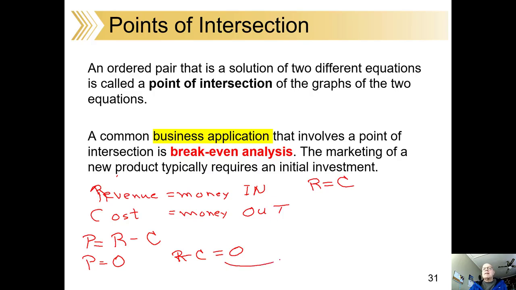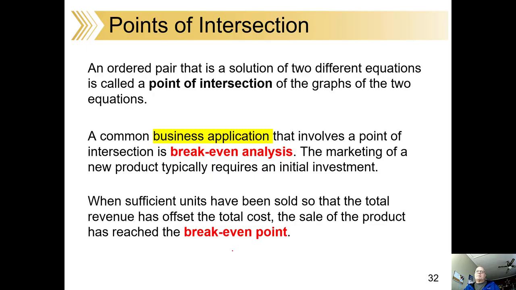You can tell that this equation and that equation are the same. Revenue equals cost, or revenue minus cost equals 0. Either way, you're breaking even. The bad news is you're not going on that vacation. The good news is that you're not losing money either. Money isn't coming out of your wallet. That's the break-even point.